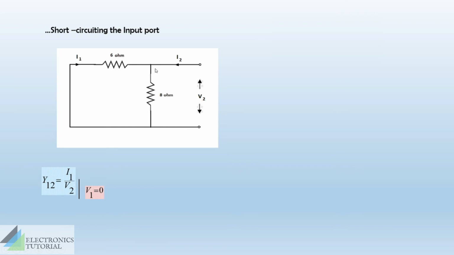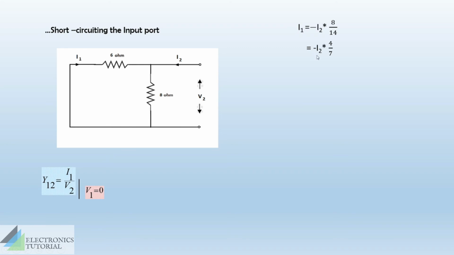This current will split into these two branches, that is the current through 8 ohm and the current through 6 ohm, that is mentioned as I1. So we can get the I1 current using current division rule. I1 is equal to total current I2 into resistance in other branch 8 divided by total resistance 14.